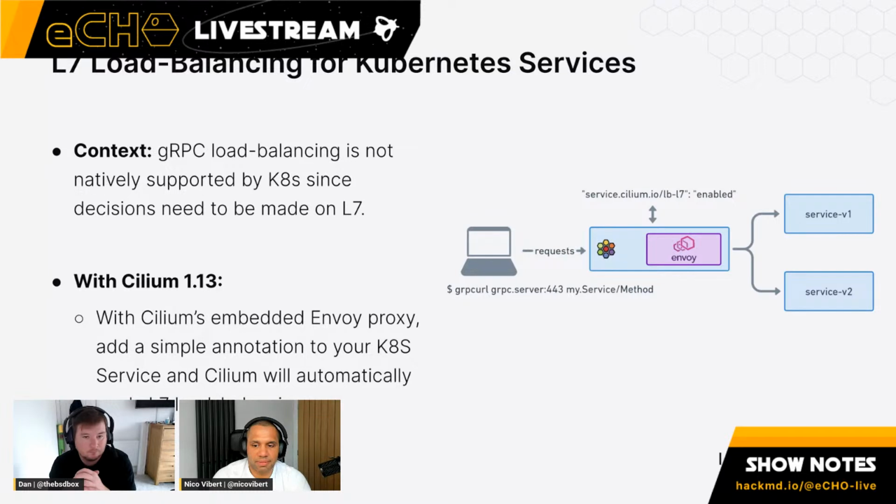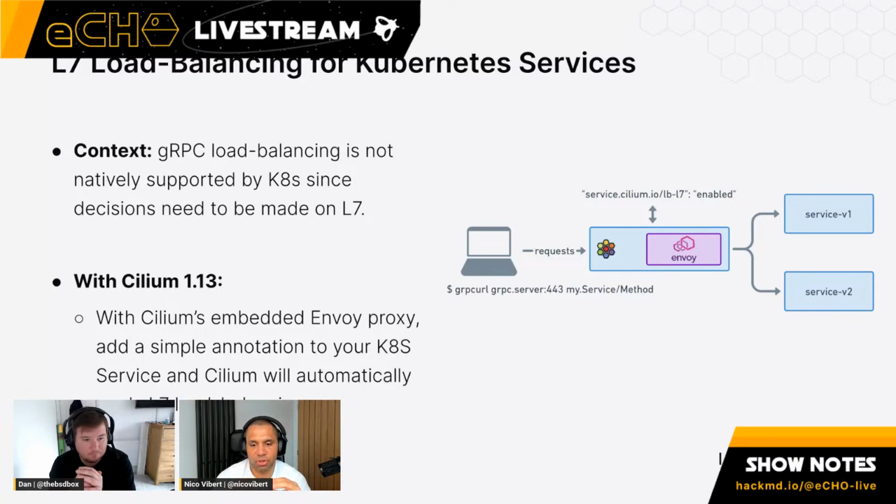The reason gRPC is just a bit different compared to other types of traffic is that you can't natively load balance gRPC on Kubernetes, because gRPC essentially multiplexes sessions together.